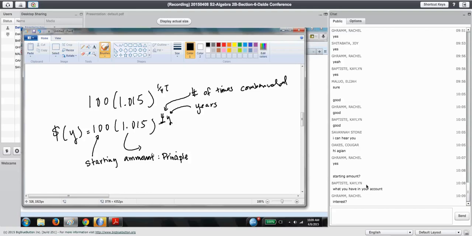The interest was 6%. It's kind of the interest. Let me show you where that comes from. The interest was 6%. Where did we get 1.015? This thing looks like the interest is 101.5%.